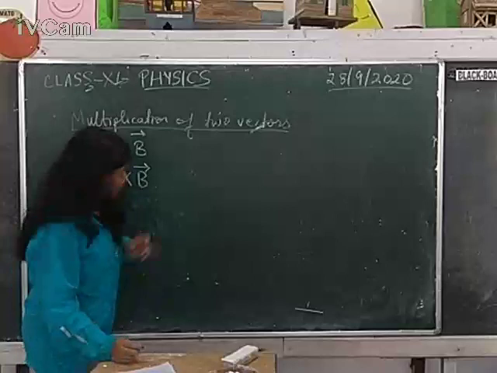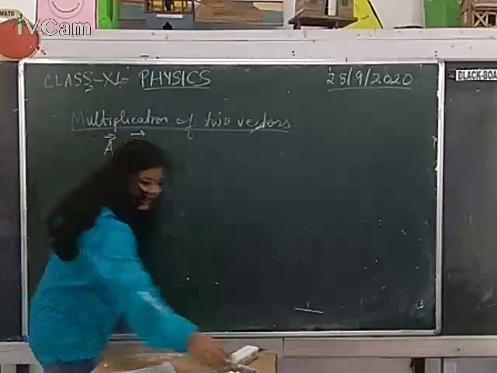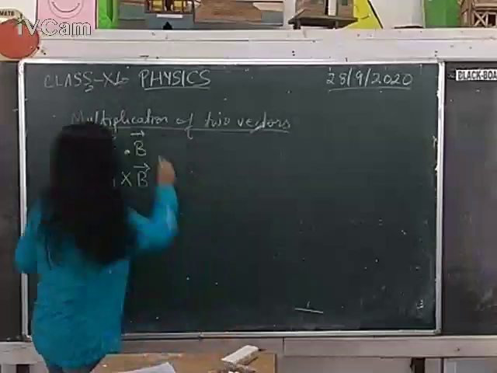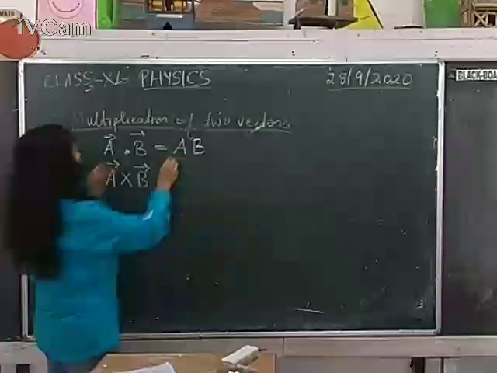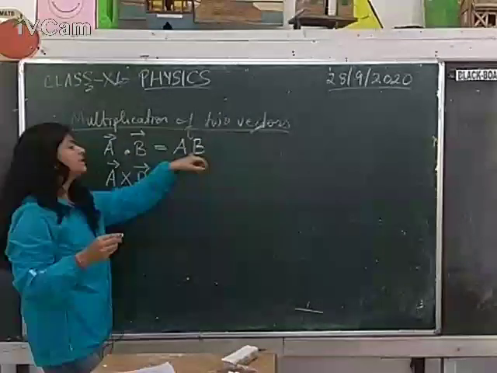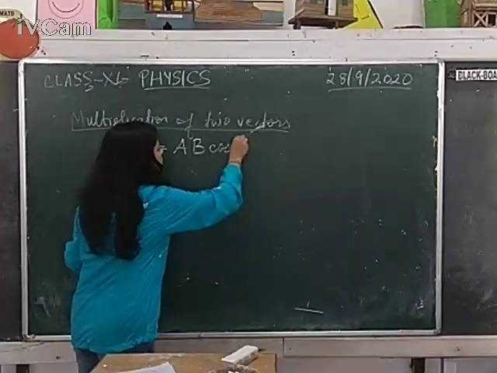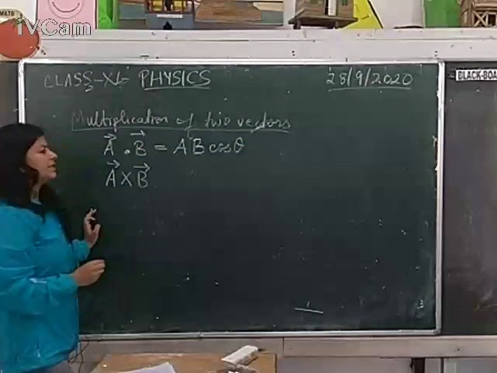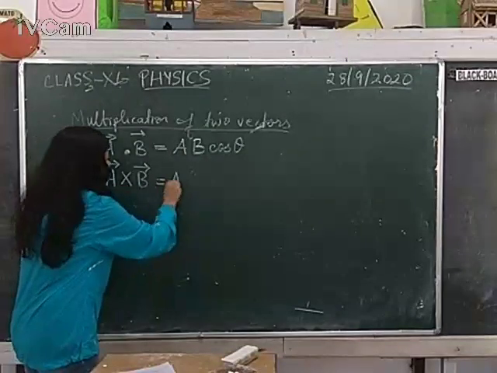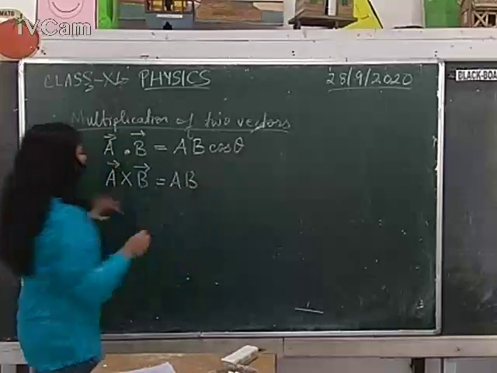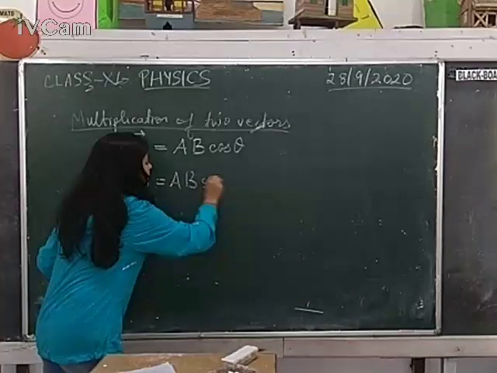Now A dot B, since it is a scalar quantity, we can simply write the magnitude. How do you get the scalar product? By multiplying the magnitudes of the two vectors and the cosine of the angle between them. Likewise, A cross B, you again multiply the two vectors to get a vector product and you put sine theta.